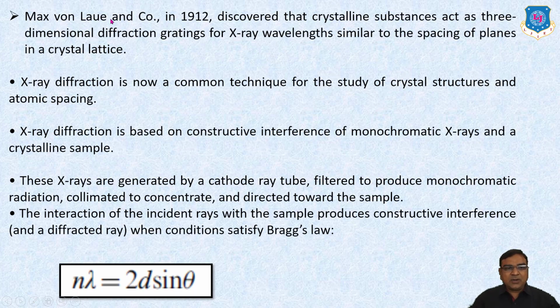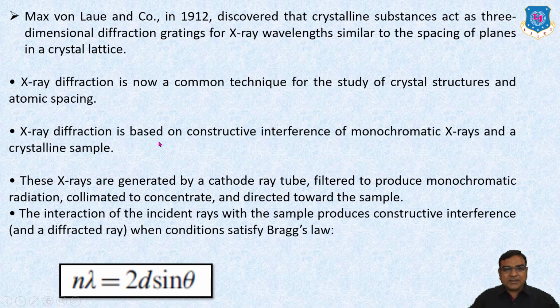Max von Laue and company in 1912 discovered that crystalline substances act as three-dimensional diffraction gratings for X-ray wavelengths similar to the spacing of planes in a crystal lattice. X-ray diffraction is now a common technique for the study of crystal structures and atomic spacing.